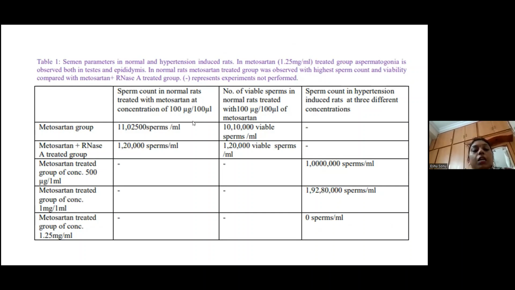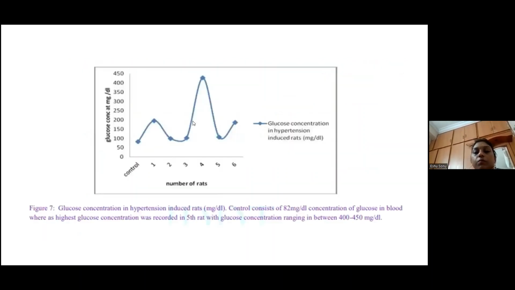But in the metosartan plus RNase A treated group, there is no viability lost. And also in hypertensive patients, at 500 μg and 1.25 mg, the sperm count is affected. But at 1 mg, the sperm counts are increasing compared to the low dosage and high dosage.